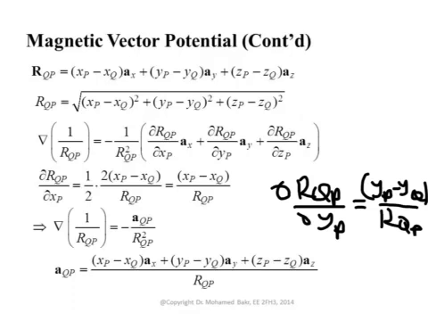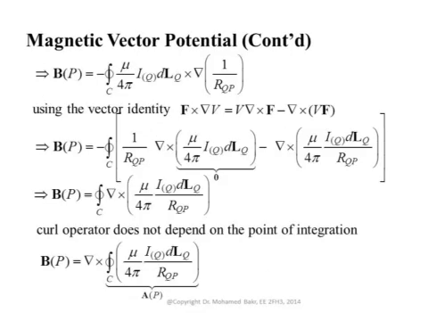So now I will go back to the Biot-Savart law. I will get rid of this term, and then I will replace it by minus the gradient of 1 over rqb, and I will use a vector identity, and this will simplify the analysis a lot. We replace the unit vector divided by r squared by the gradient of 1 over rqb with a negative sign.